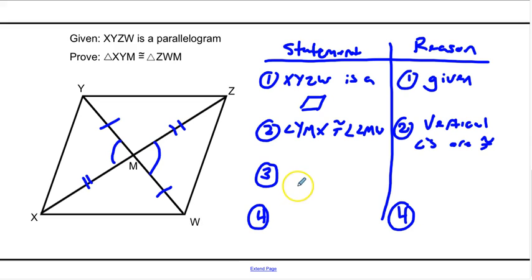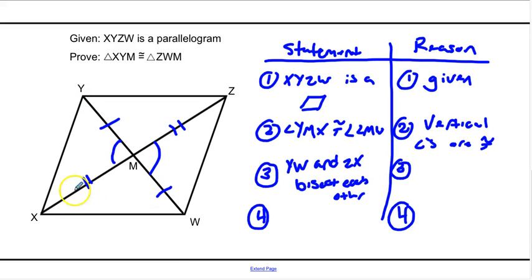What you have to do is say this: YW and ZX bisect each other. And the reason we know that these two diagonals bisect each other is because diagonals of a parallelogram bisect each other.